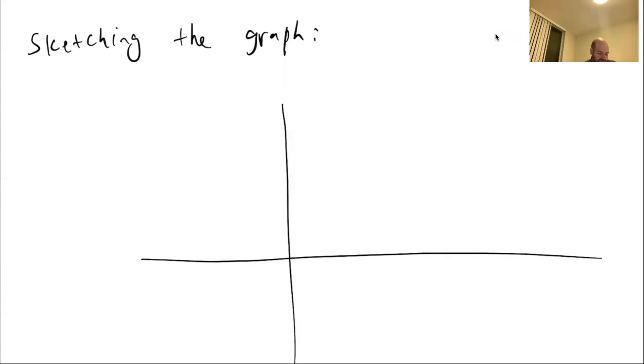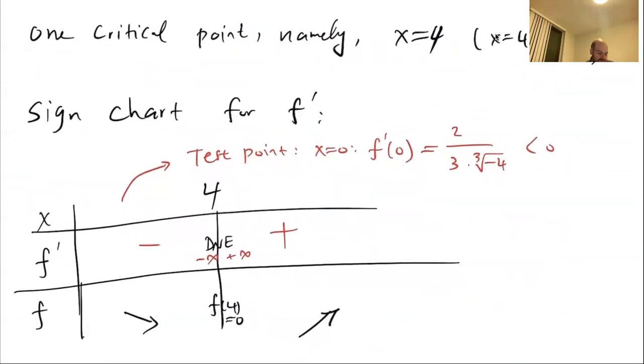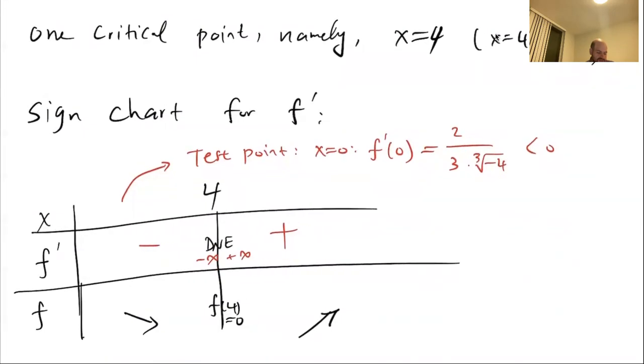So let's say this is 2, and 4 here. The y value is also 0 at 4. Remember, 4 was the x-intercept. The function is decreasing before and increasing after 4.